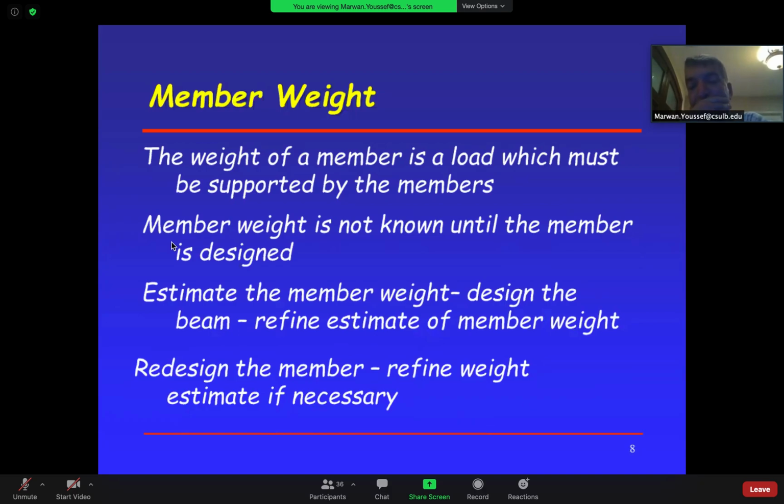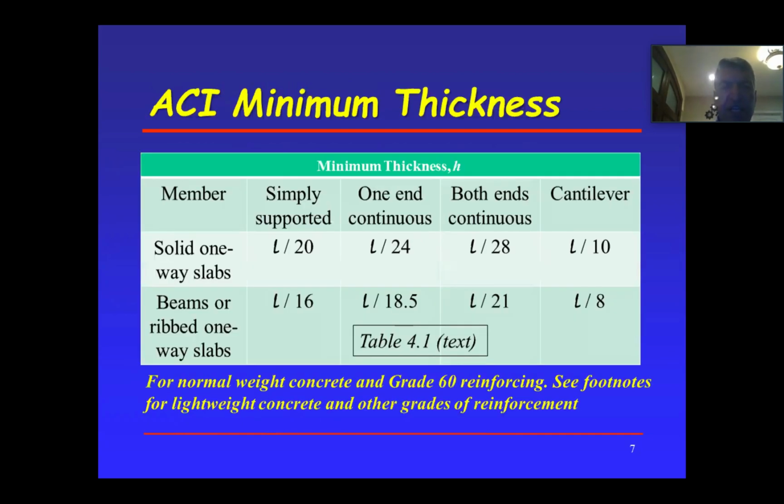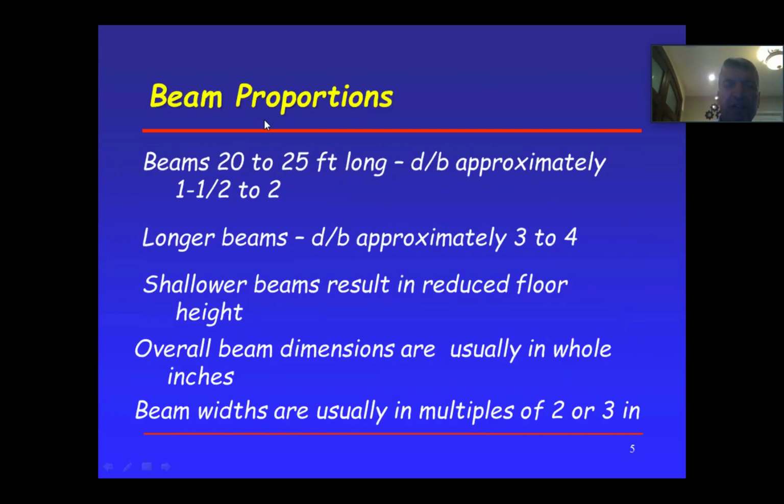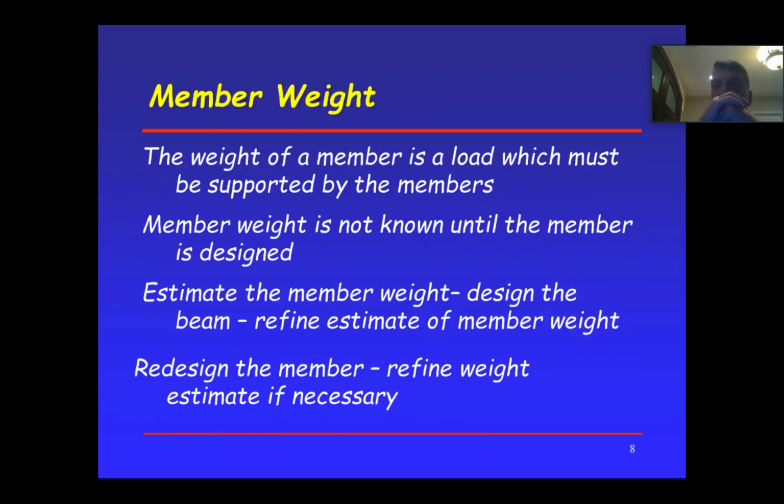Okay, member weight. We touched on that before. Remember when we did the DT beam, we said click that square, so make sure the program calculates the own weight of the beam. That's what we're talking about. When you have a beam, like we mentioned here, 25 foot long, 14 inches wide by 26 inches deep, can you imagine the weight of that beam?